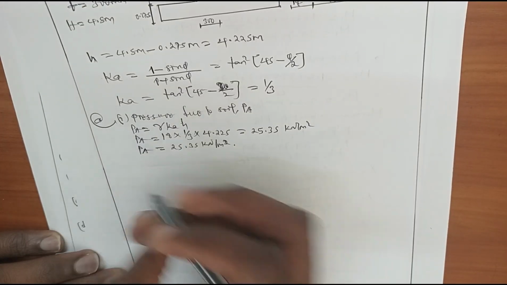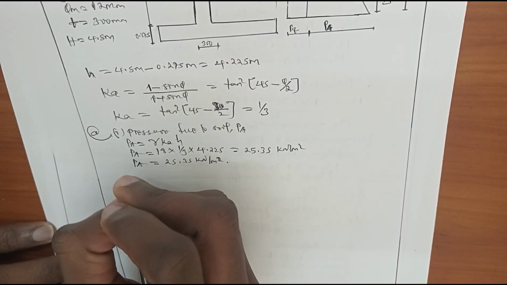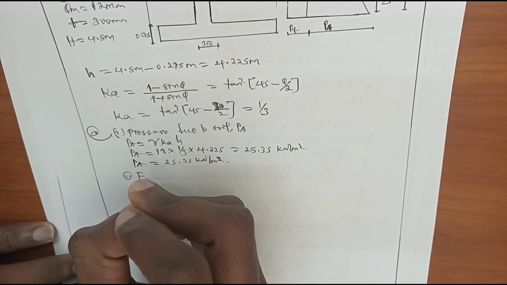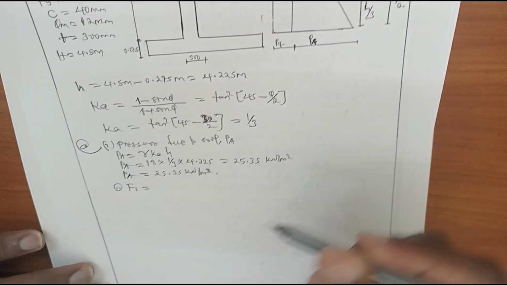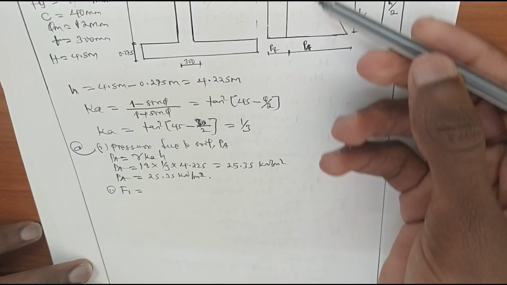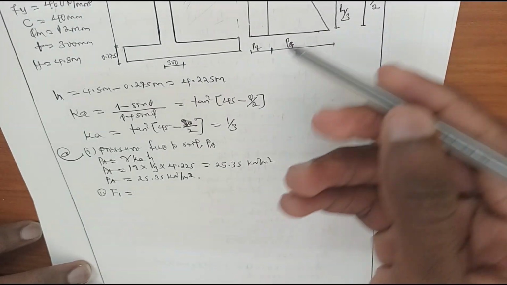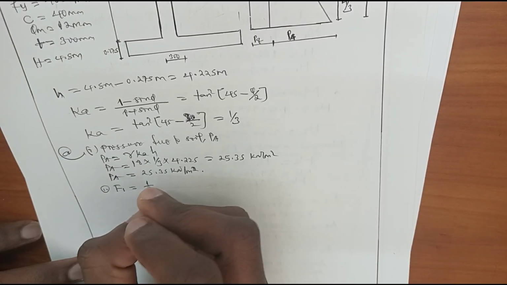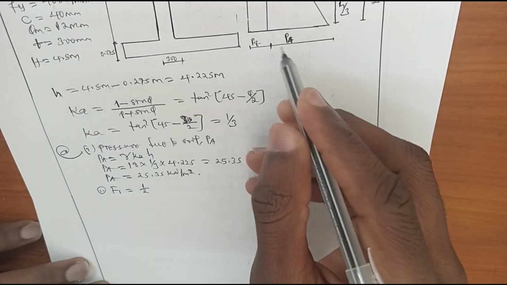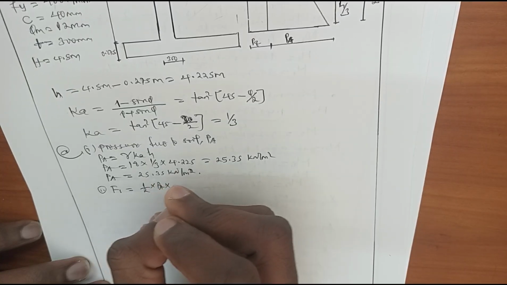Next is to determine the horizontal force due to soil. This is obtained by taking the area of this pressure diagram due to soil, which is triangular in shape. So the area of a triangle is taken by taking a half times the width, which is the active pressure, times the height.